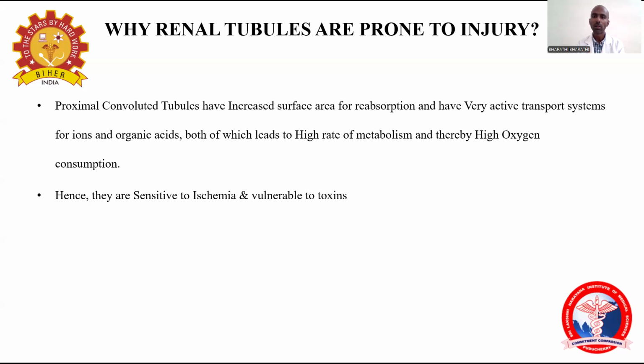In case of ischemia, this will be the first part to get affected. Because of this high oxygen consumption, they are sensitive and vulnerable to ischemia, and because of the high metabolic rate, they are vulnerable to toxins.